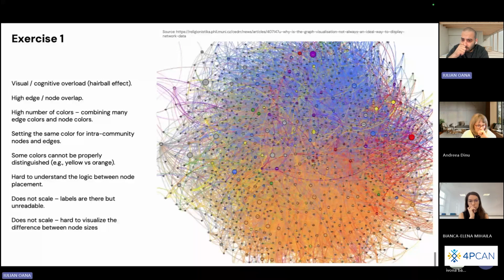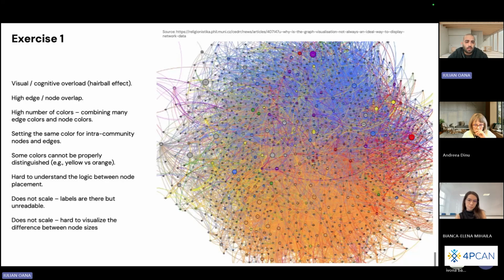Also a problem is the fact that they use the same colors to represent intra-community nodes and edges. So basically, from my understanding, we have, let's say, the orange community with orange nodes and orange ties among them. But to some degree, it's hard to visualize.